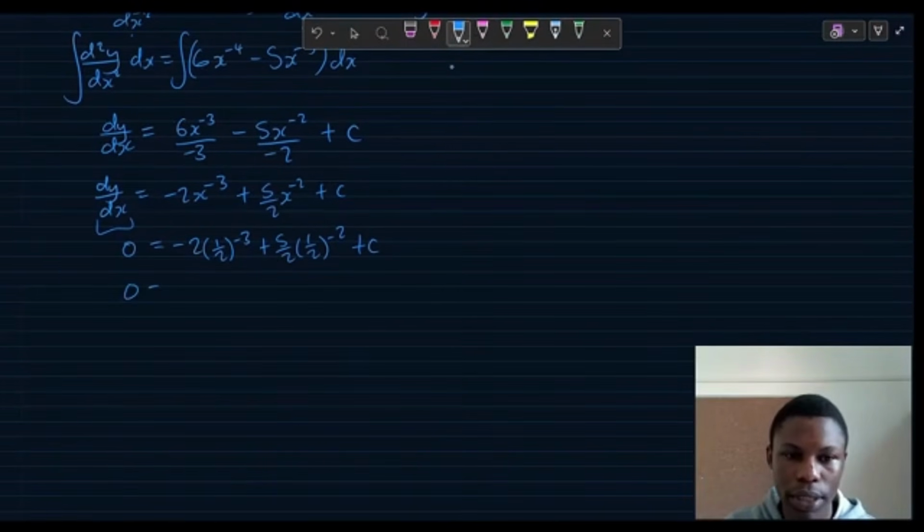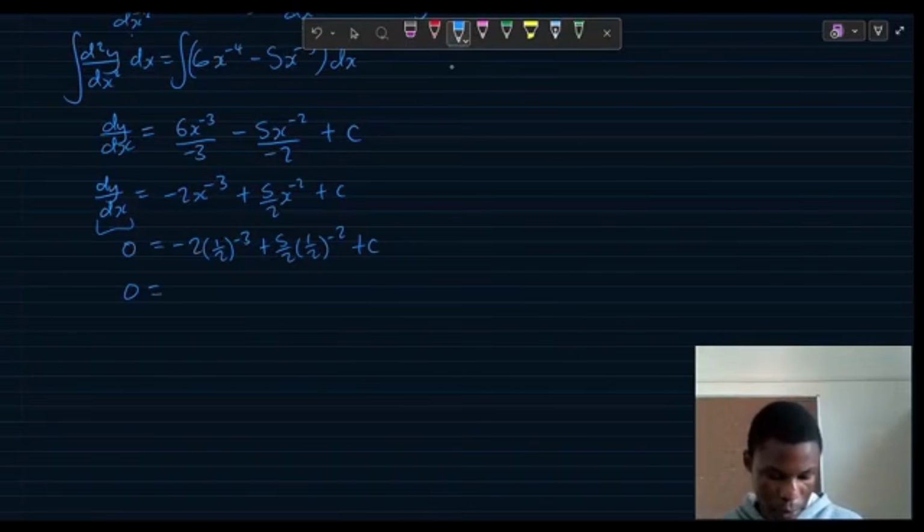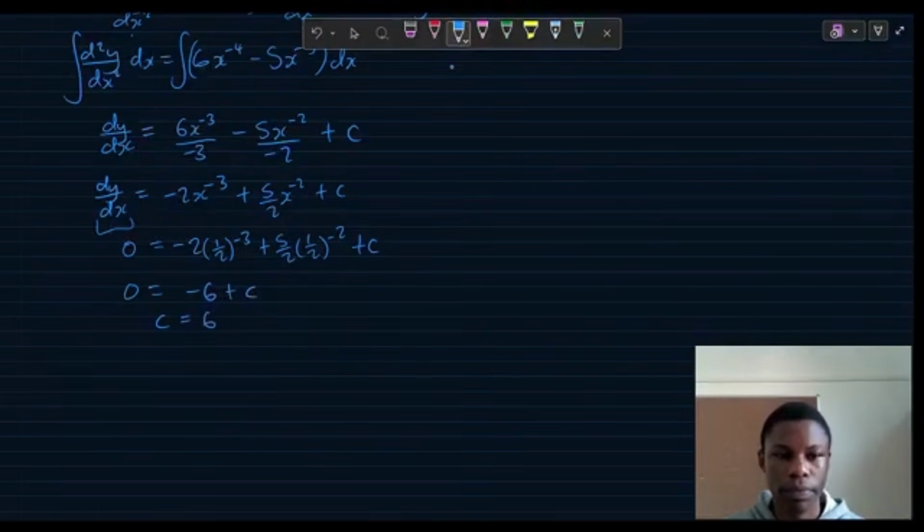So you've got 0 is equal to, that's negative 2 multiplied by 1 over 2 to the power of negative 3 plus 5 over 2 times 1 over 2 to the power of negative 2. So negative 6 plus c, so c has to be 6.